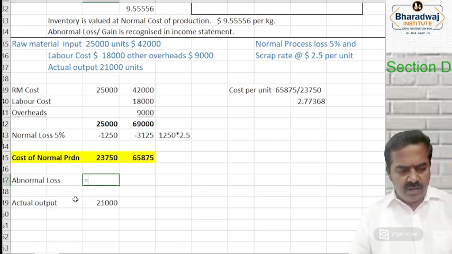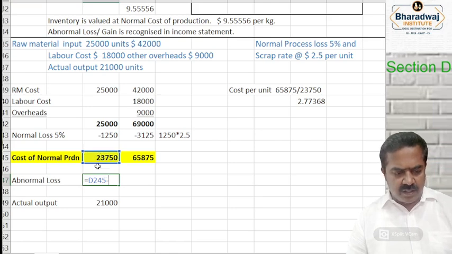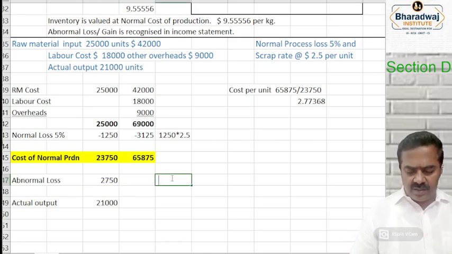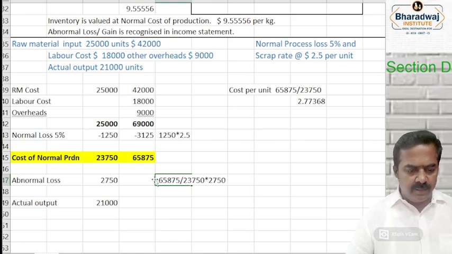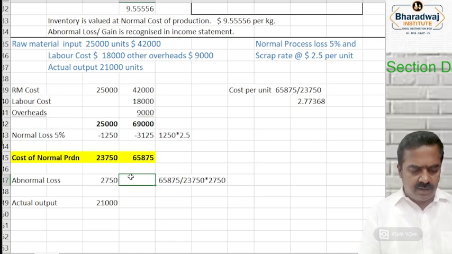Abnormal loss is the difference between expected production and actual output. How to value the abnormal loss? Simple. 65,875 is for 23,750, so what is it for 2,750? That is how we value abnormal loss.